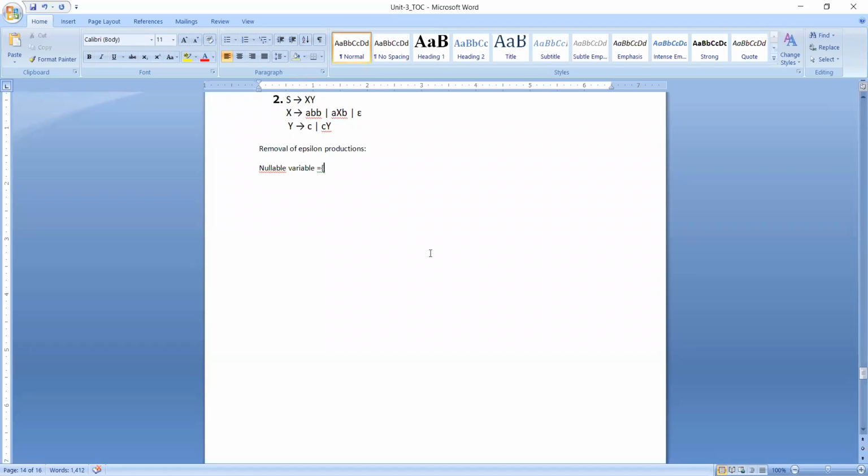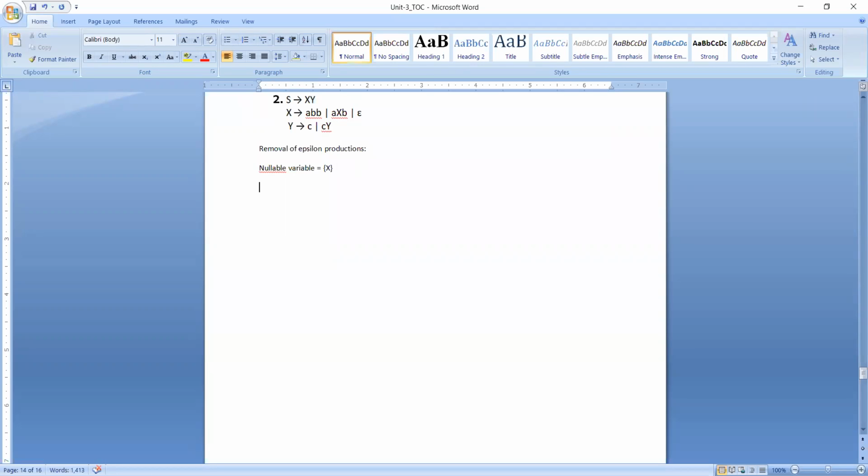So the only nullable variable available will be capital X. With Y, we don't have any epsilon production. Even if I replace this X with epsilon, we will still get the variable Y. So S is not a nullable variable. The only nullable variable in this grammar is X.